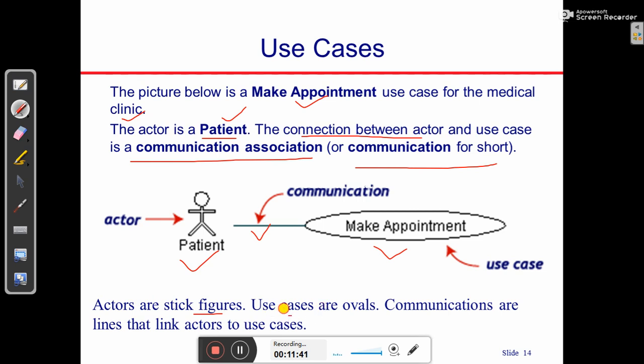Use cases are ovals. Communications are the lines that link actors to the use cases. Try to remember these very basic conventions: how we depict the use case and actors, and how we describe the link or communication association.